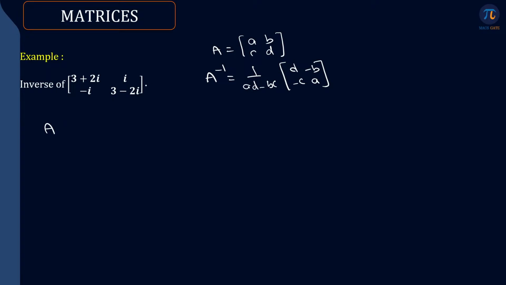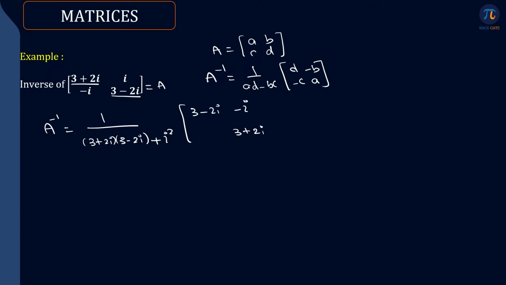So here, if you call it A, then what is A inverse? It is 1 by (3 plus 2i)(3 minus 2i) minus (i)(minus i), and here the main diagonals are swapped and the off-diagonal sign is changed.